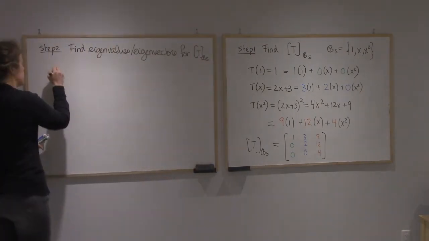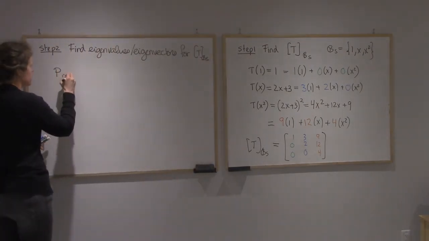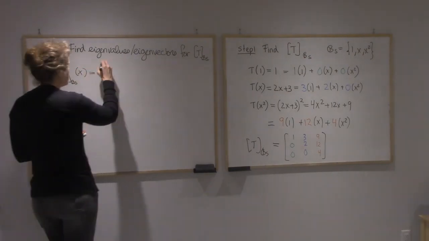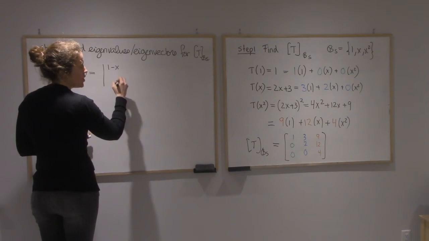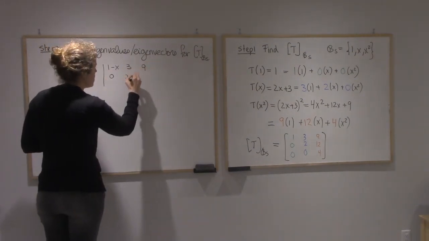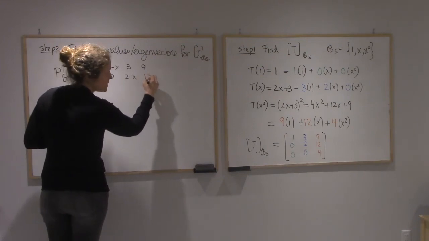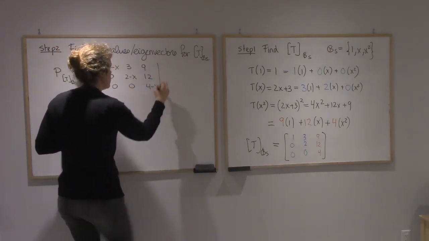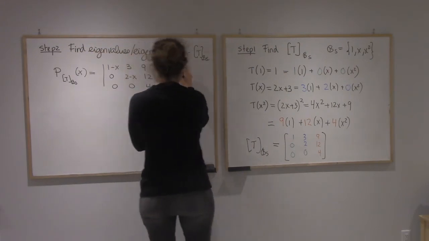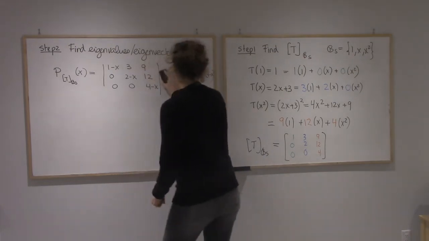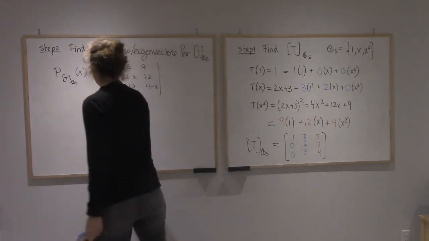Alright, so the characteristic polynomial of T in the standard basis will not be too bad because I have an upper triangular matrix and determinants of those are easy. You just take the diagonal. And so we end up with 1 minus x, 2 minus x, 4 minus x.